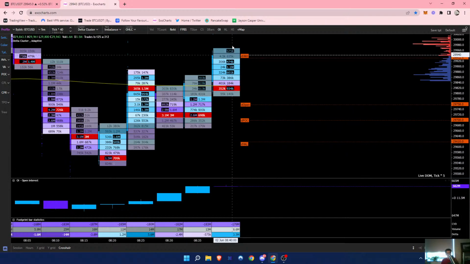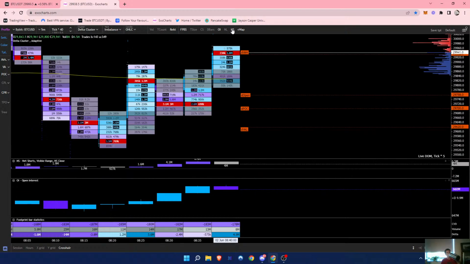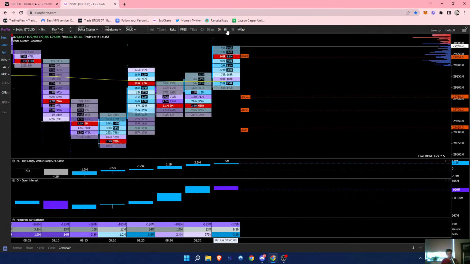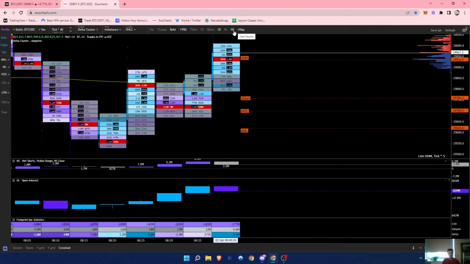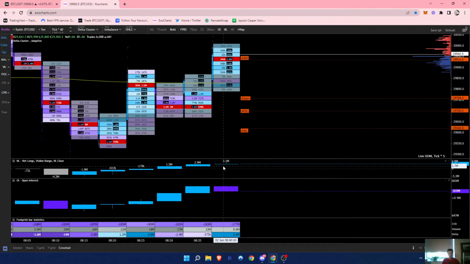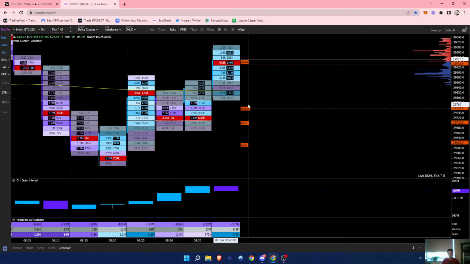But here we go, we're pumping. OI decreasing. Can you see that? Shorts getting stopped out, OI decreasing. OI staying the same. So there's a lot of shorts in there.